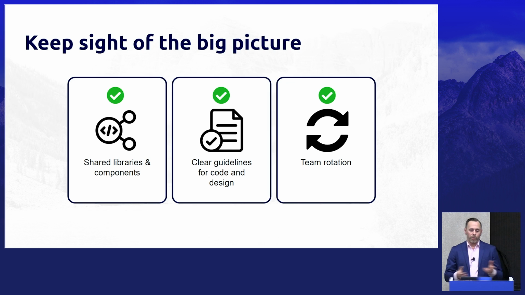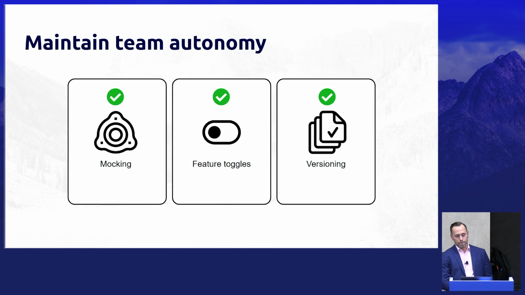And then finally, rotating team members. That's a pretty obvious one. You don't want people working on the same module for too long. You want to have them rotating every couple of sprints to make sure that they're familiarized with the big picture, and sensitized to the reality of other developers in the other modules.